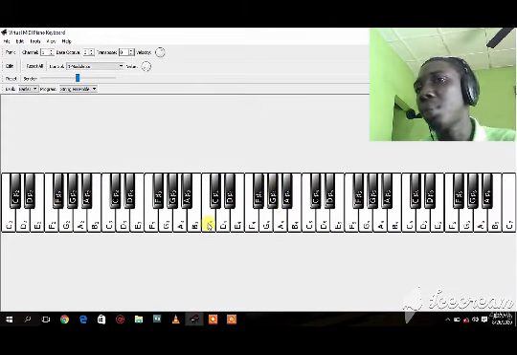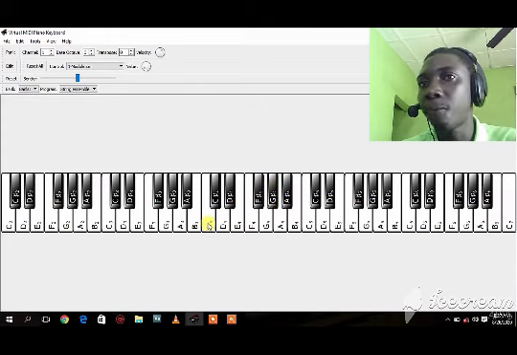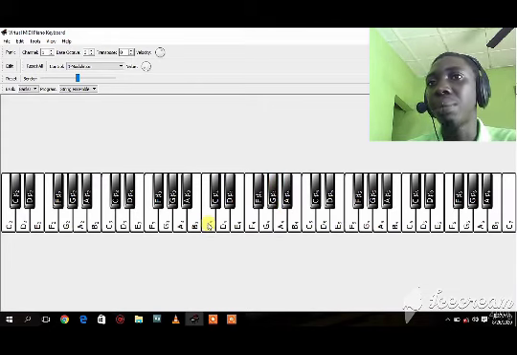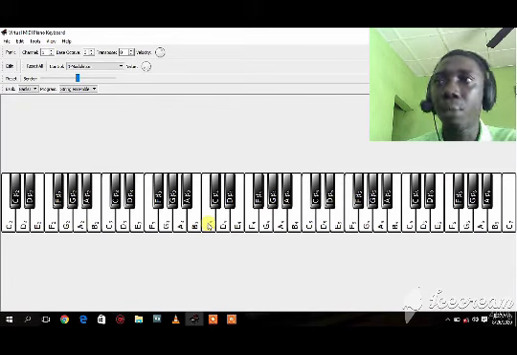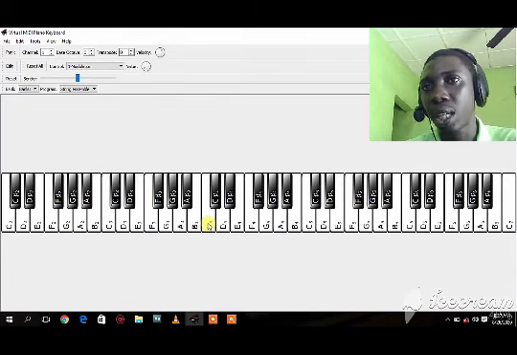What this simply means is that your C Phrygian mode is the same as your A flat major scale. Remember, I said we're still going to look at the practical use of all this.